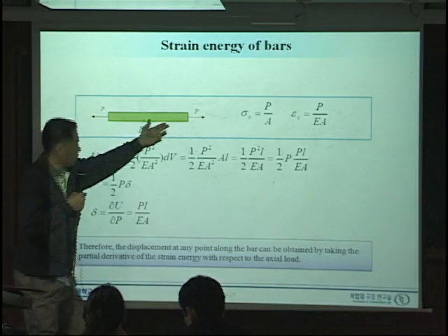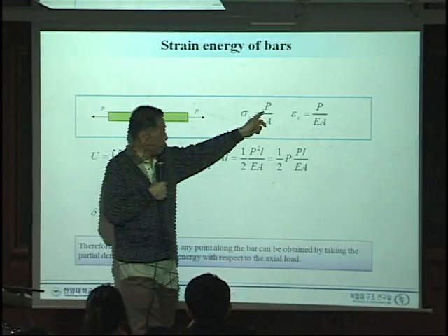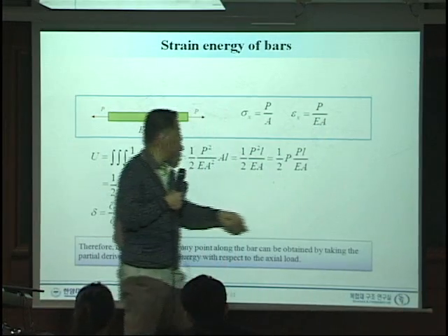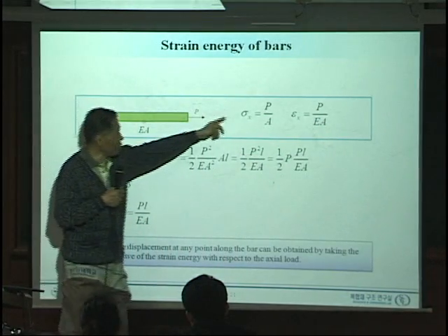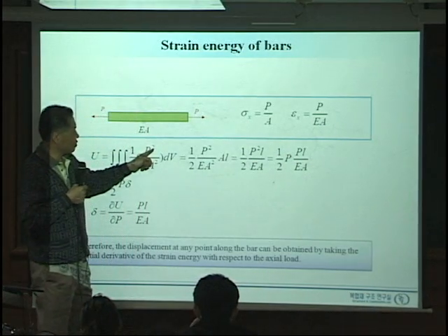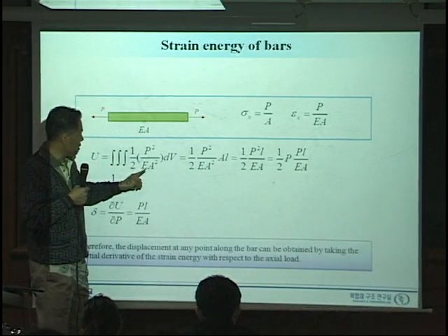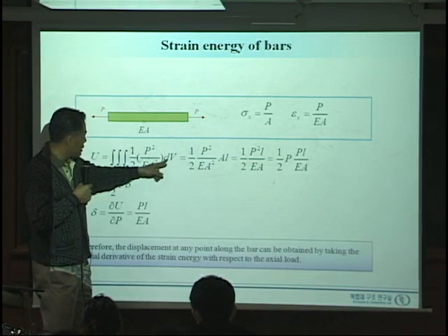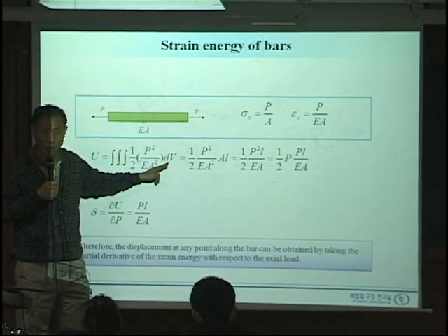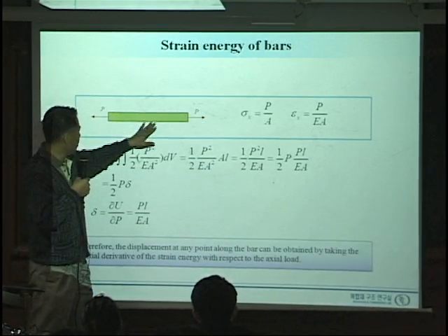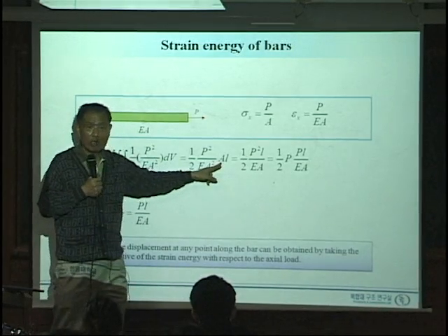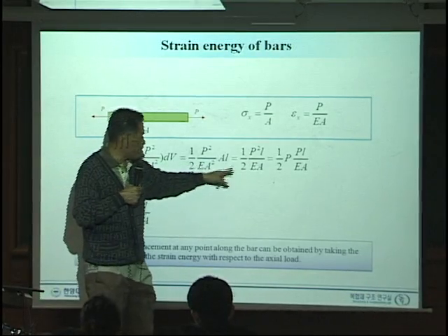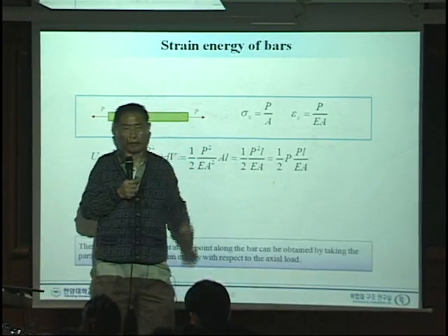You have extension, a bar, and stress is simply P over A, and strain is P over A divided by E. So if you multiply these, P squared over 2EA, and half. And if you integrate over the volume, pay attention here, volume, okay, volume. What's the volume here? Volume is simply cross-section times length. And A, and this one you got here.